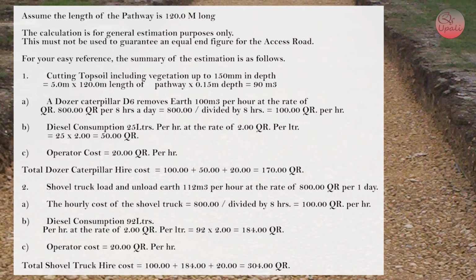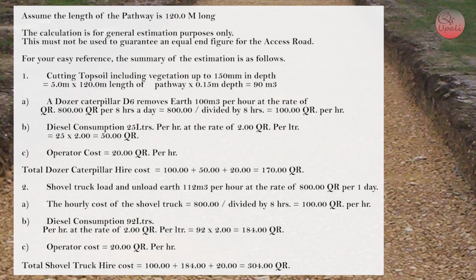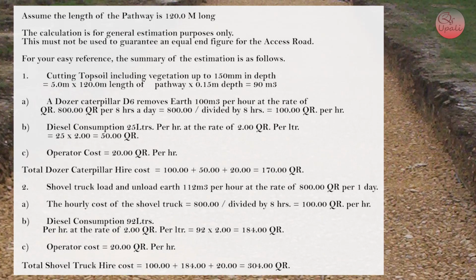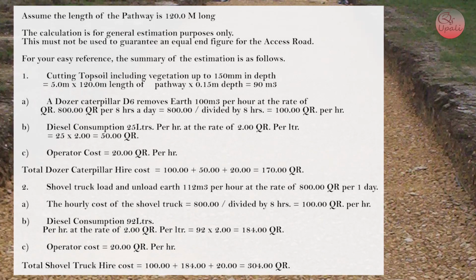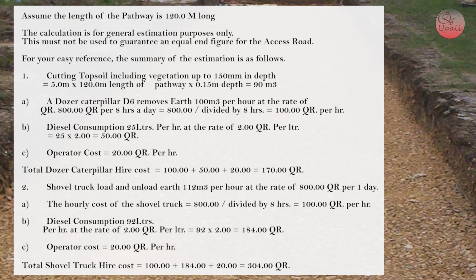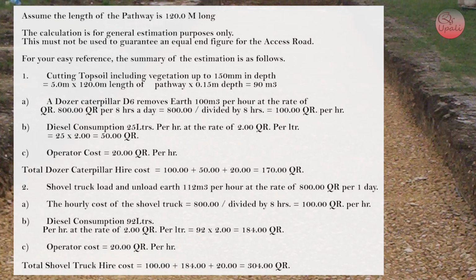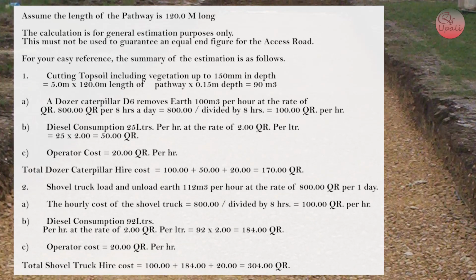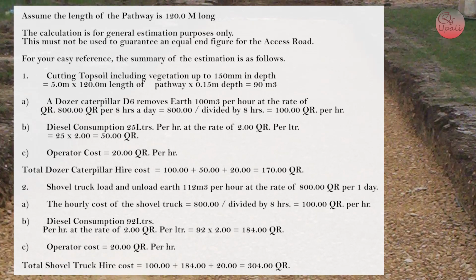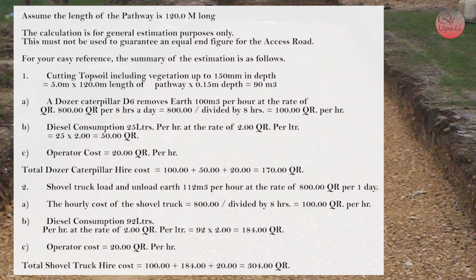B. Diesel consumption 92 liters per hour at the rate of 2 Qatar riyal per liter equals 92 into 2, 184 Qatar riyal. C. Operator cost 20 Qatar riyal per hour. Total shovel truck hire cost equals 100 plus 184 plus 20 equals 304 Qatar riyals.